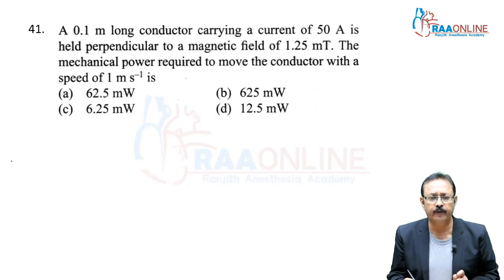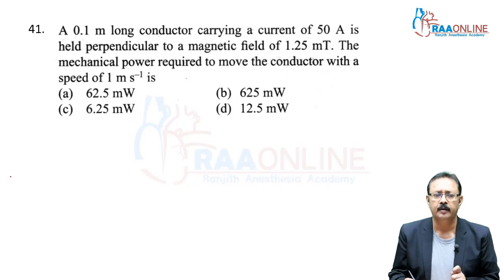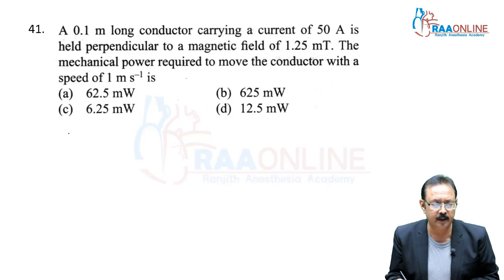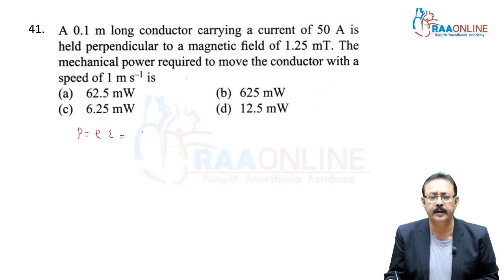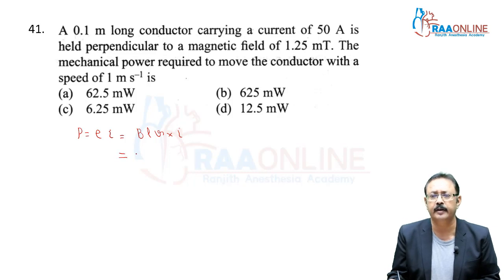41st. 0.1 meter long conductor carrying a current of this perpendicular to magnetic field. Mechanical power required to move the conductor with a speed of this. What is the power? We know that power is E into I. What is E? E is BLV. Everything is given now. What is B? 1.25 millitesla. Milli means minus 3.